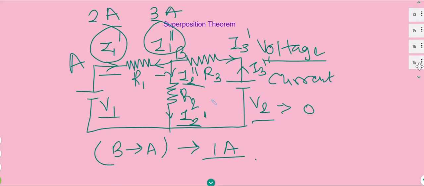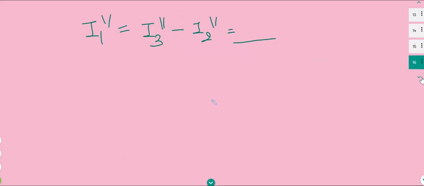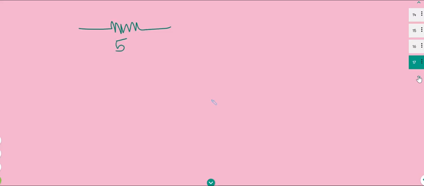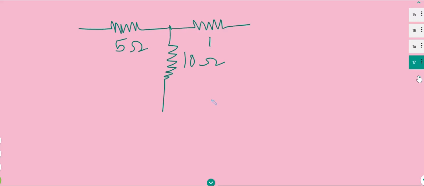Now I will take one example so that you can understand. This is 5 ohm resistance. Here you have 10 ohm resistance and here you have 15 ohm resistance.